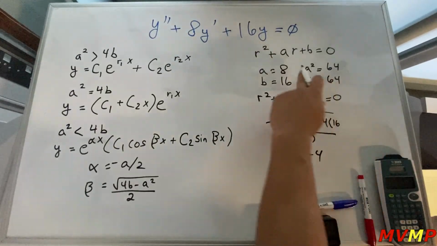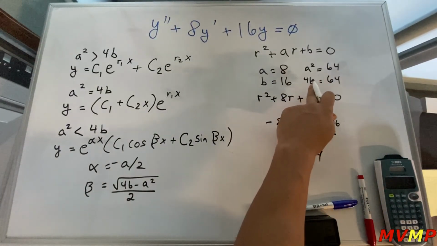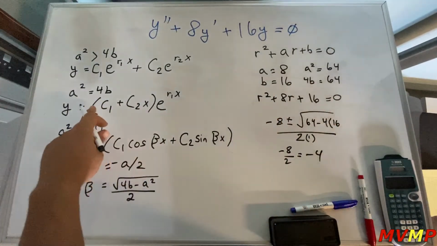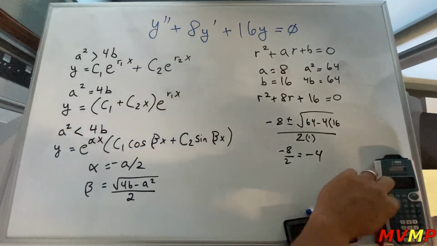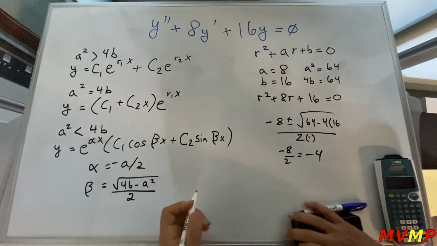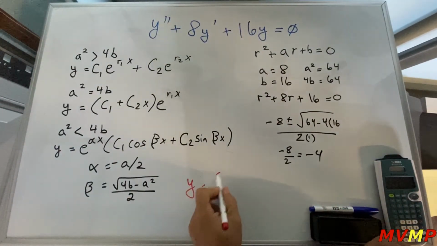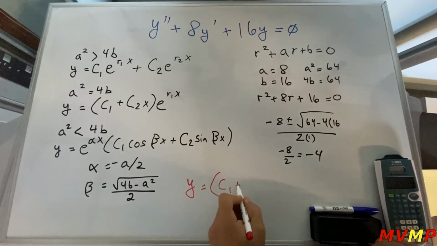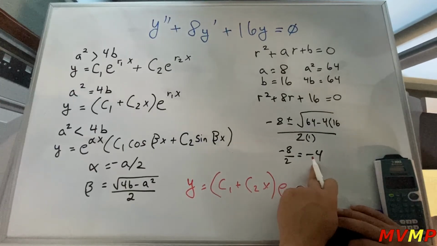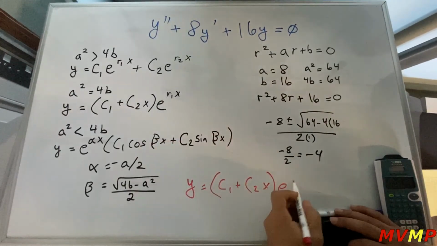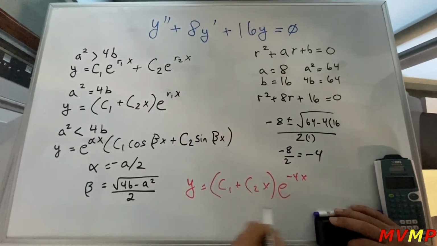And since a squared is equal to 4b, it is critically damped. So you set it up in this form right here. So our final answer would be (c1 plus c2 x) e. And we got negative 4 for that root, so e^(-4x).